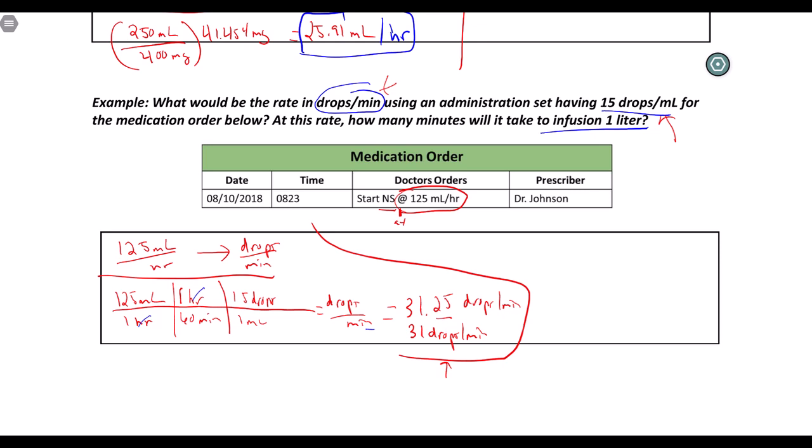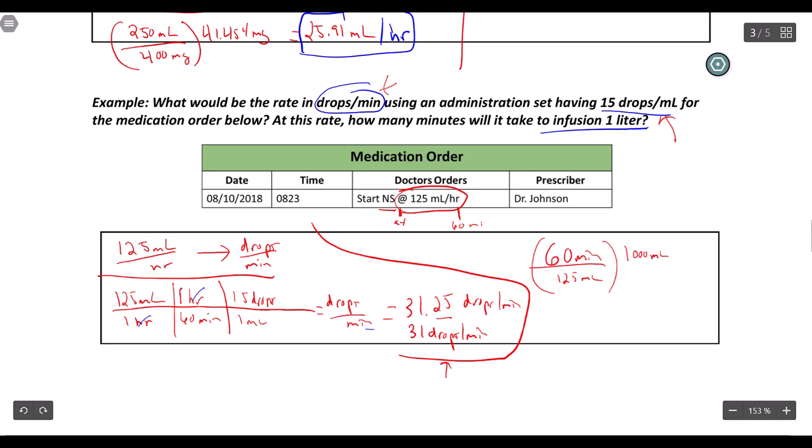Well, I would do 60 minutes, which is 1 hour, right? 60 minutes, we are going to infuse 125 mLs. How many minutes if I am going to do 1,000 mLs? Why did I get 1,000 mLs? 1,000 mLs is 1 liter.